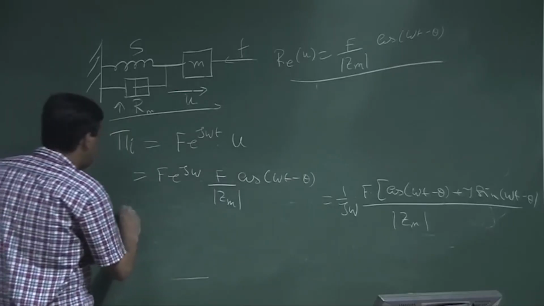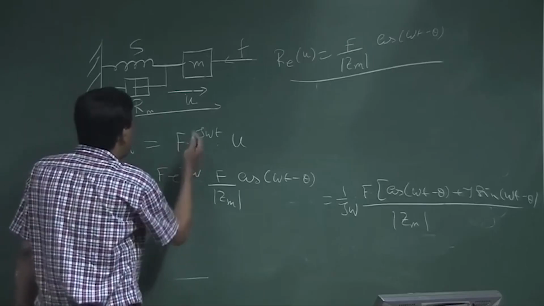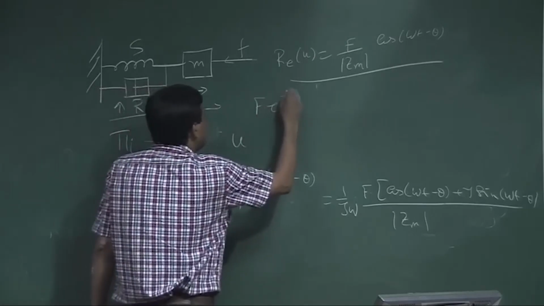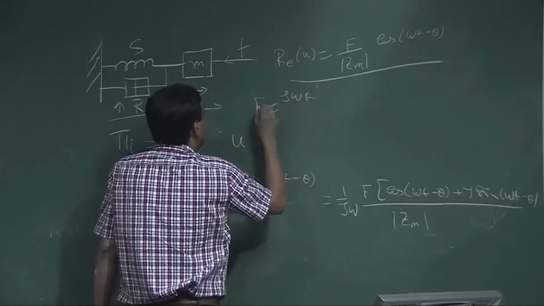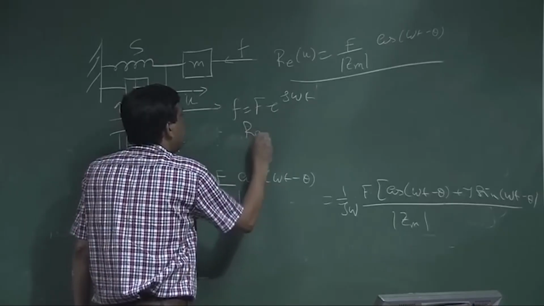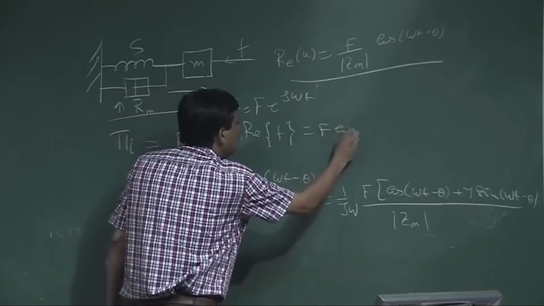And what is the real part of the force? F is e to the power j omega t, so the real part of F is nothing but f cos omega t.